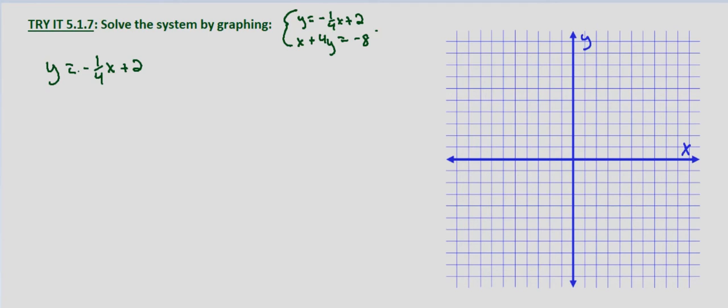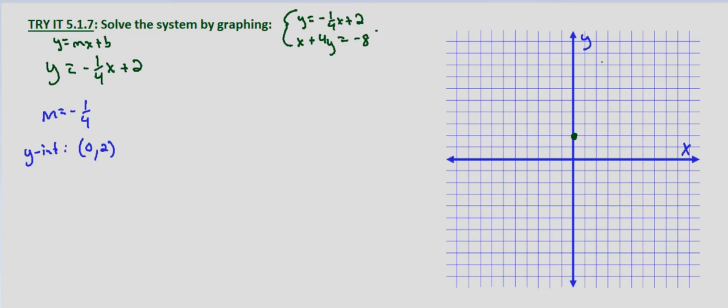So this first equation, we're already given it in slope-intercept form, y equals mx plus b. So our slope, m, equals negative 1/4, and the y-intercept is plus 2, so our y-intercept is going to be at (0, 2). So we plot our first point, our y-intercept (0, 2), and then with negative 1/4, we can either go down 1 and right 4, or up 1 and left 4.